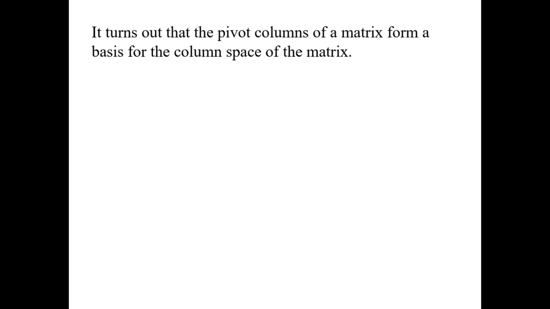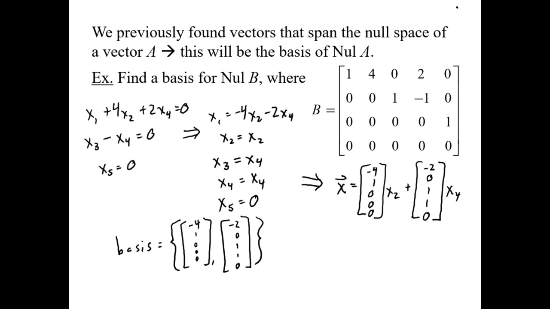So it turns out the pivot columns of a matrix form a basis for the column space of the matrix. For this matrix, we know that the free variables were x2 and x4 because those were columns that were not pivot columns.